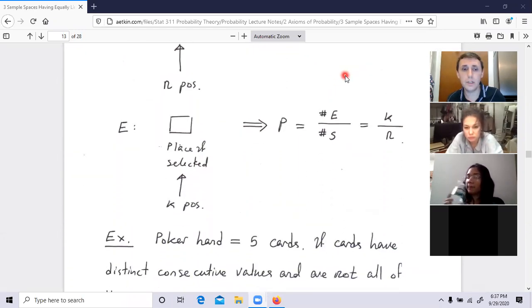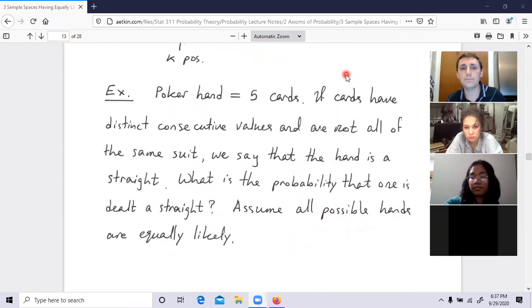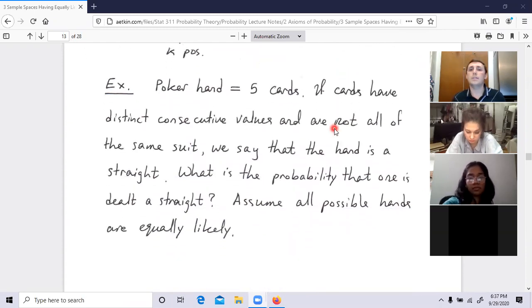Good. Let's try this problem. A poker hand is equal to 5 cards. If the cards have distinct consecutive values and are not of the same suit, we say that the hand is a straight. What is the probability that one is dealt a straight? Assume that all possible hands are equally likely. Just before I continue, I never play cards, but do you know what cards look like?